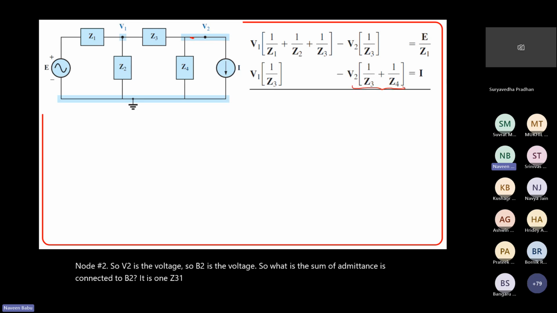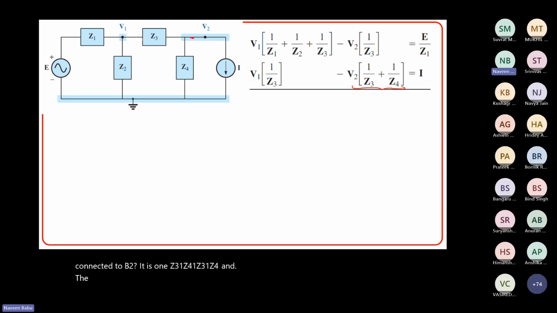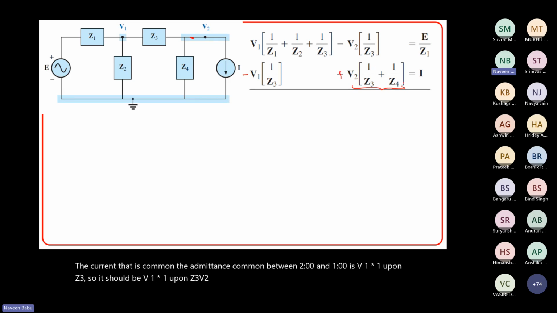And the admittance common between 2 and 1 gives minus V1 multiplied by 1 upon Z3. So it should be minus V1 multiplied by 1 upon Z3 plus V2 multiplied by 1 upon Z3 plus 1 upon Z4. So we have assumed that this current is leaving, this current is leaving.